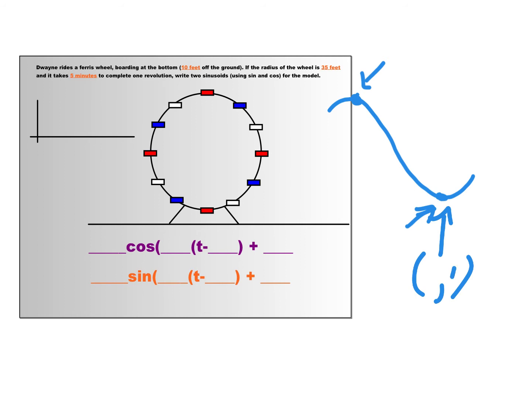And I knew it took 5 minutes to complete one revolution. So if you're going to load, where do you load, at the bottom or at the top? Load at the bottom. Okay, I agree. You could say that you start at the bottom or at the top. I'm going to say that we start at the bottom because that just makes sense to me. You get on the Ferris wheel at the bottom, so time is 0 there.